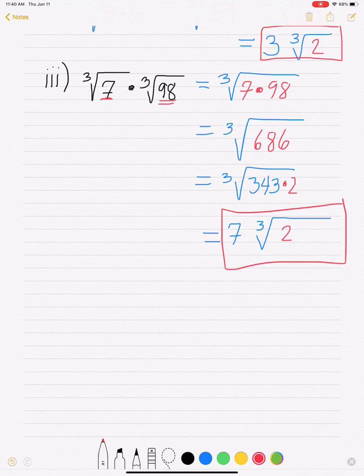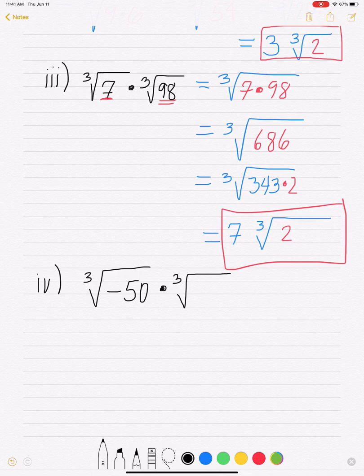So how about number 4? The cube root of negative 50 times the cube root of 15.